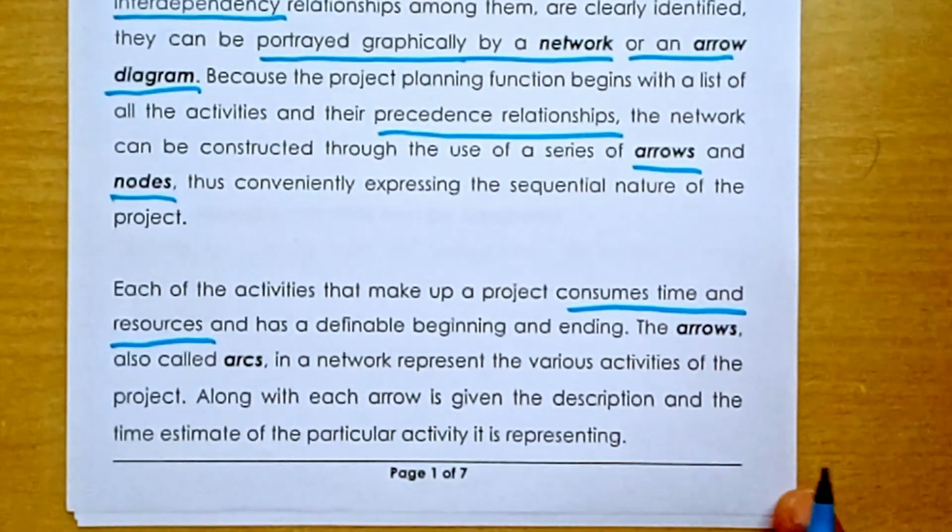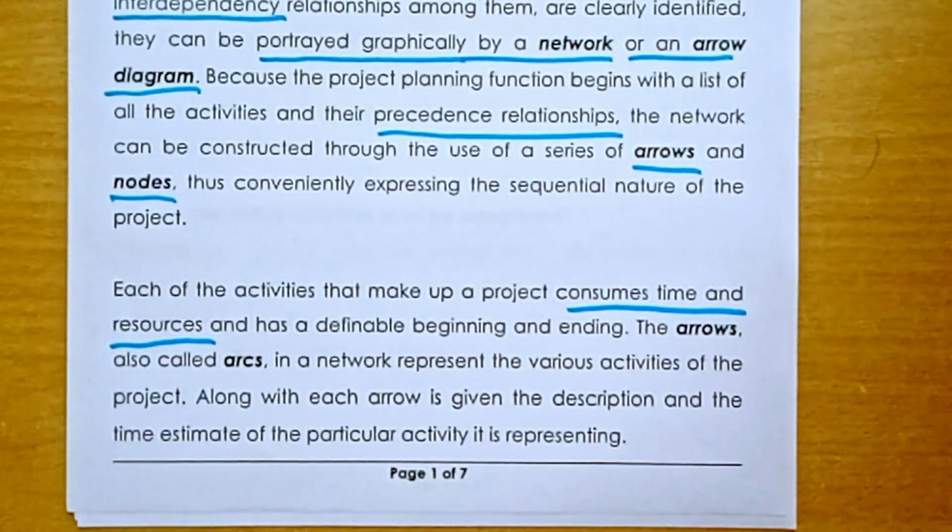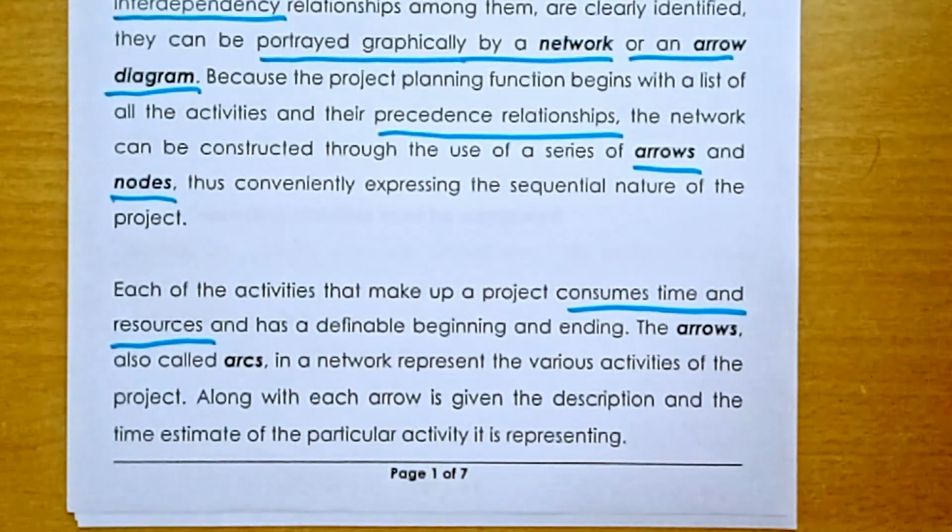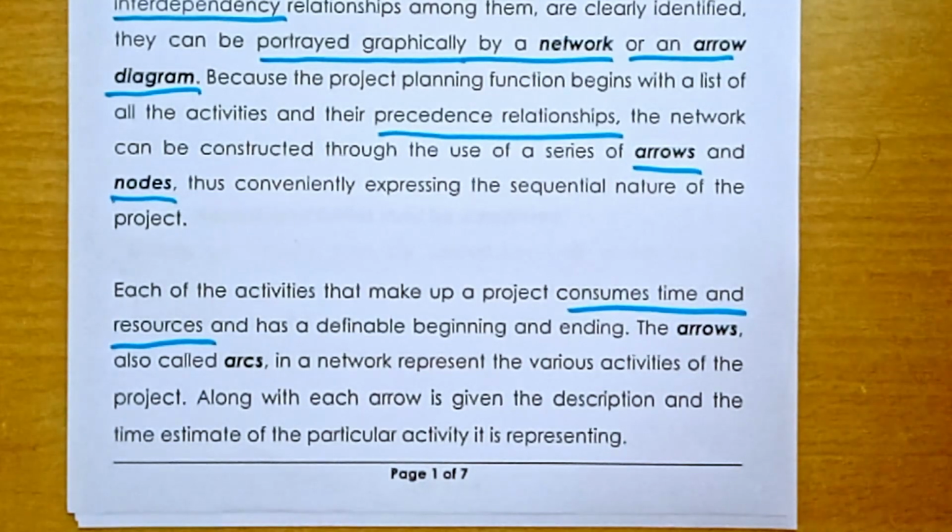And resources means, as I was telling, material, labor, and of course, if you use a machine, the depreciation of the machine, wear and tear of the machine, so some cost of that machine is also involved in the project in the form of depreciation. So there are other expenses also. So these are all resources. Particularly the main resources are material, labor, and other overheads. So these are resources you consume during carrying out of each activity, of course during completion of the project. So consume time and resources.